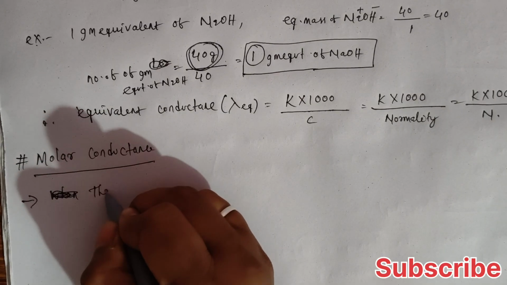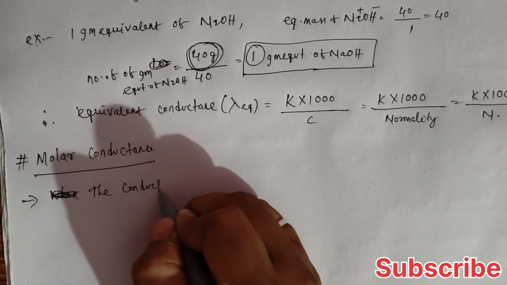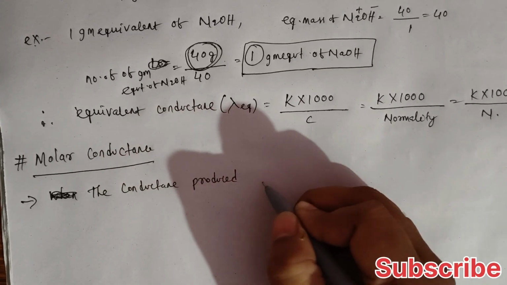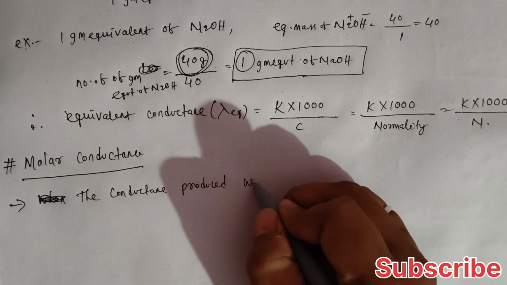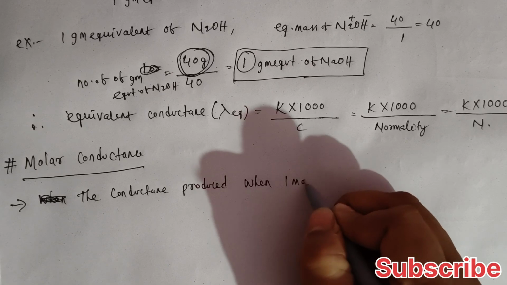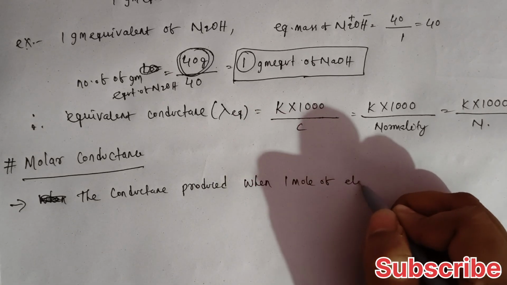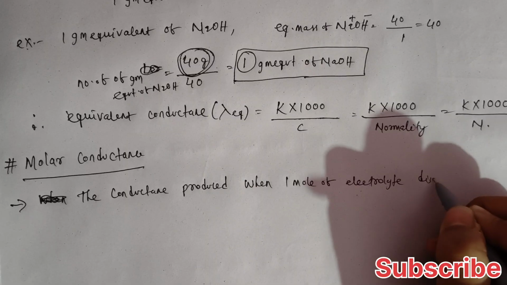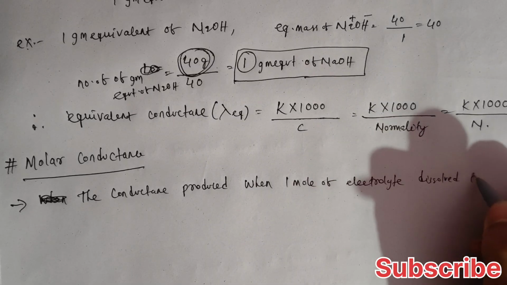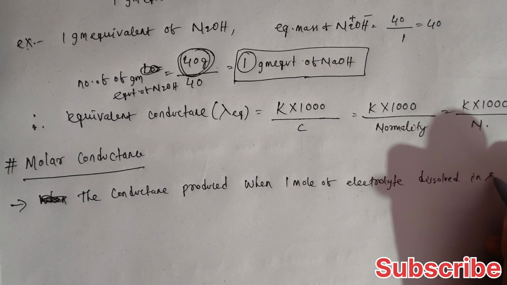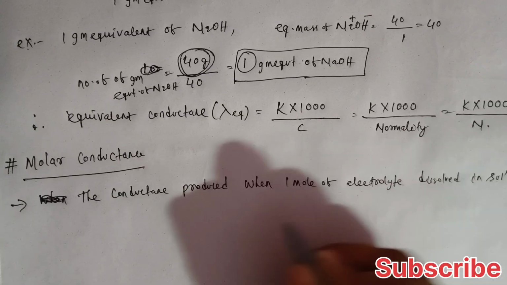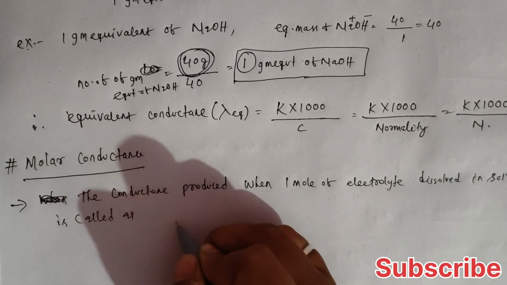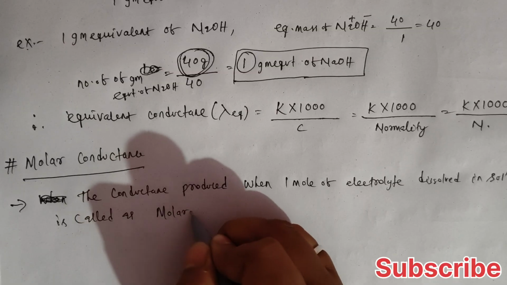The conductance produced when 1 mole of electrolyte is dissolved in solution is called molar conductance.